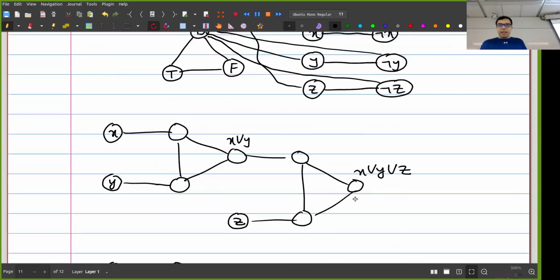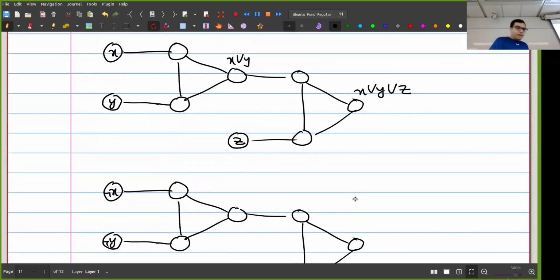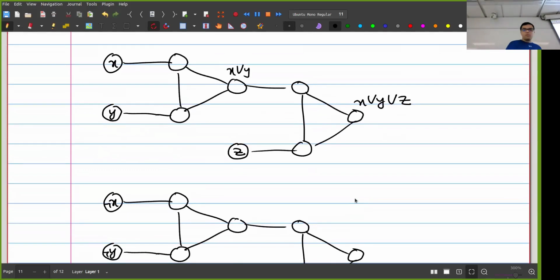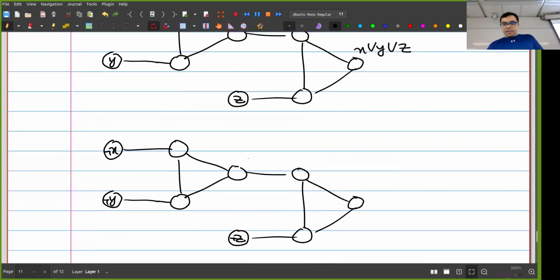Okay. But this is still not done, because what I've proven so far is that I can assign true to this vertex if and only if I have assigned true to one of the three components, X or Y or Z. Okay. And here it's also the same.